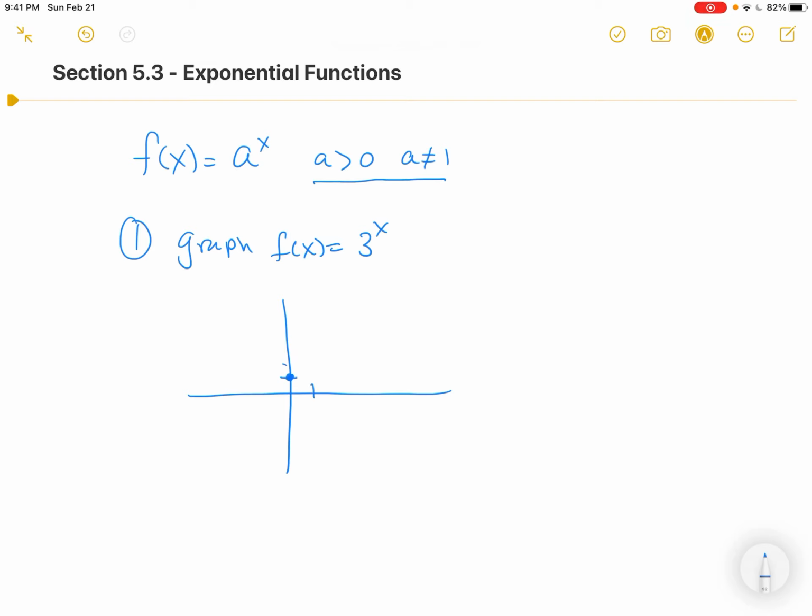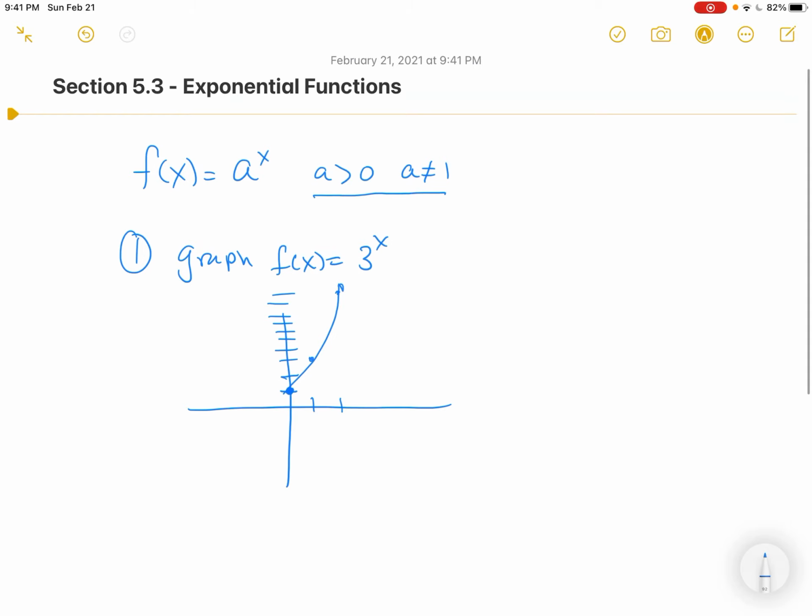If x is 1, I'm already up to 3. If x is 2, I'm way up to 9, right? And getting steeper and steeper. Now, if x is negative 1, I'm at 1/3, 1/9, 1/27th, and getting smaller and smaller, going down like that. That's what the exponential function looks like, the general one.